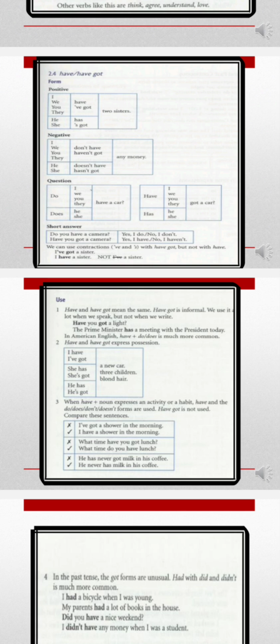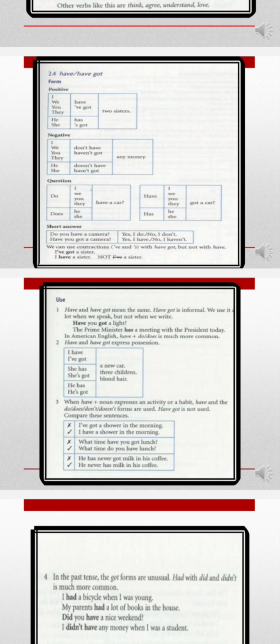In negative, for example, I don't have any money, or I haven't got any money. We don't have any money. We haven't got any money. You don't have any money. You haven't got any money.